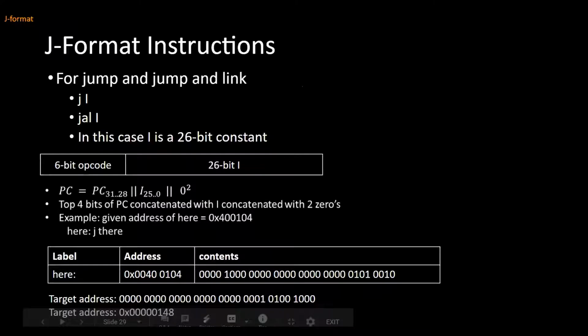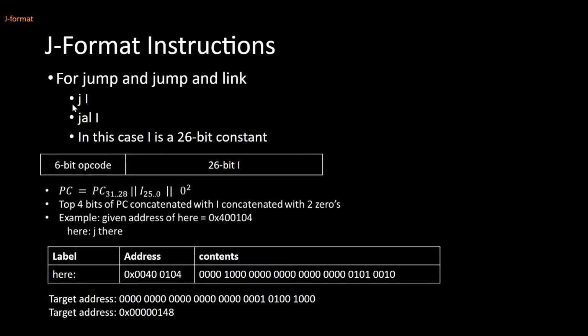Okay, here are some instructions that we have seen before when we were doing the coding part. One is J. So you could do jump and specify a label. Similarly, we had jump and link, which was mostly used for functions.